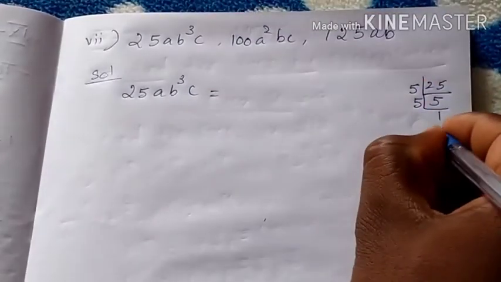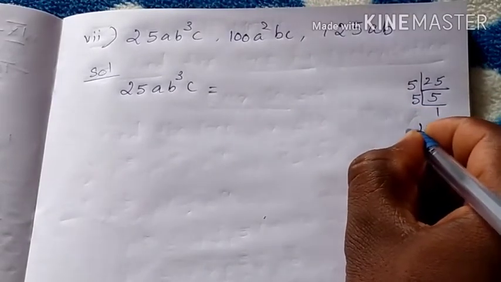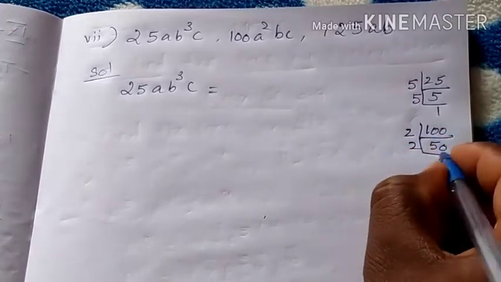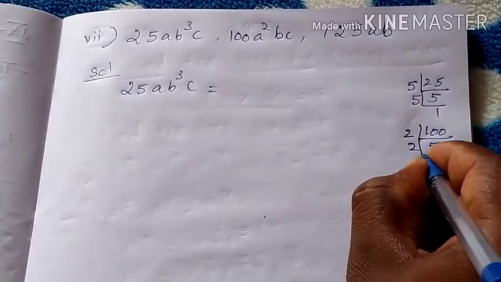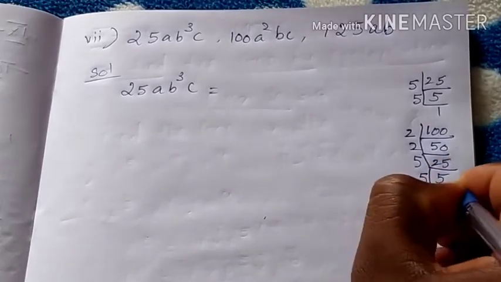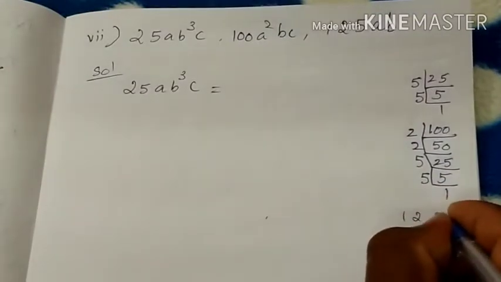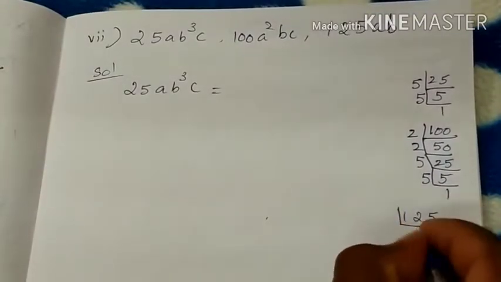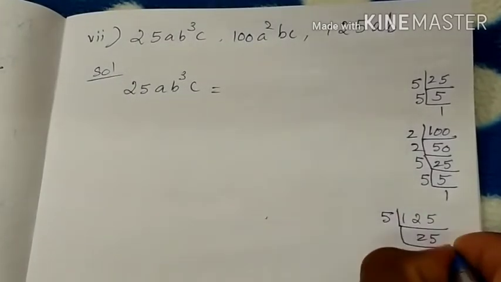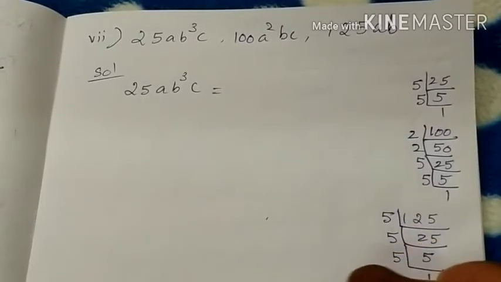Then 100, the second one, using prime factors, 2 50's are 100, once again 2 25's are 50, then 5 5's are 25, then 5 ones are 5. Next consider 125. 25 5's are 125, then 5 5's are 25, then 5 ones are 5.